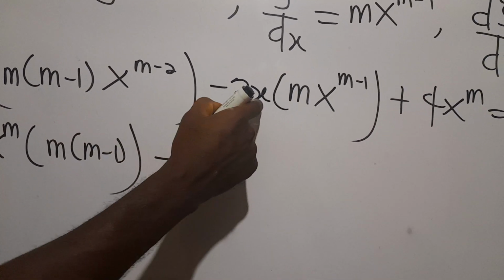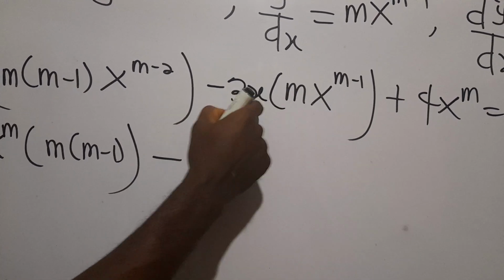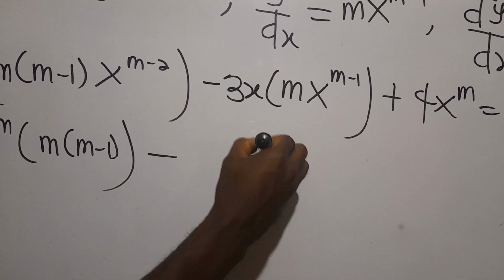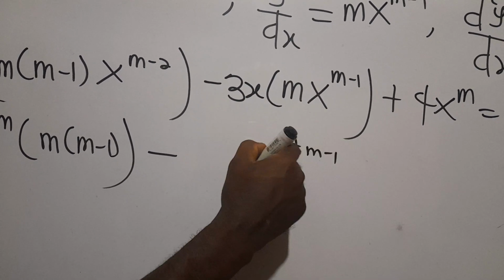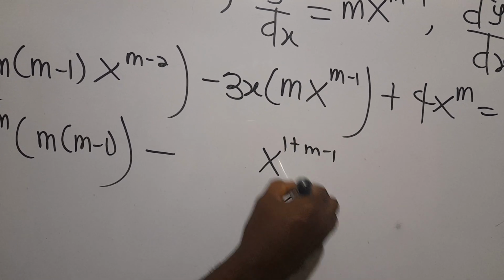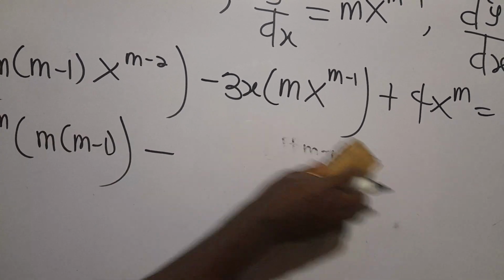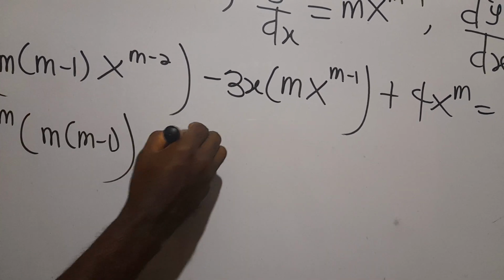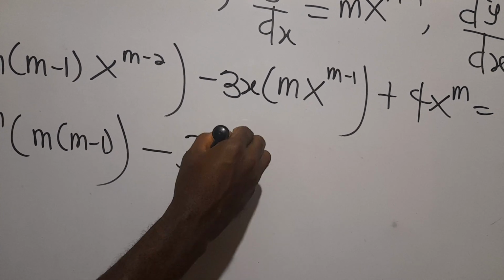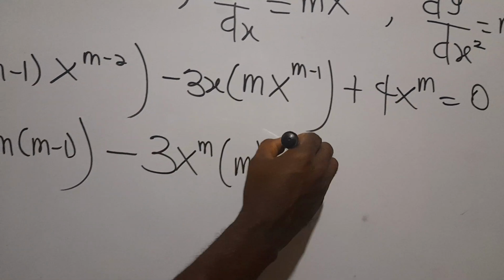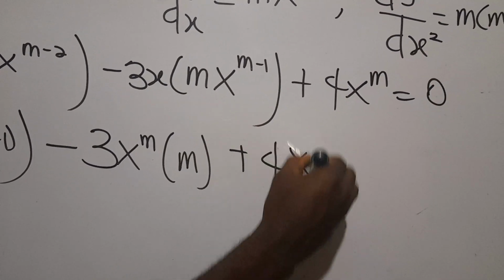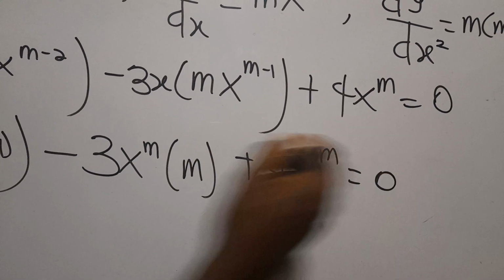Then minus 3, the bases are the same again, x and x, so we add the exponents: x^(1+m-1). 1 minus 1 is 0, so we have x^m times m. Then plus 4x^m equal to 0.